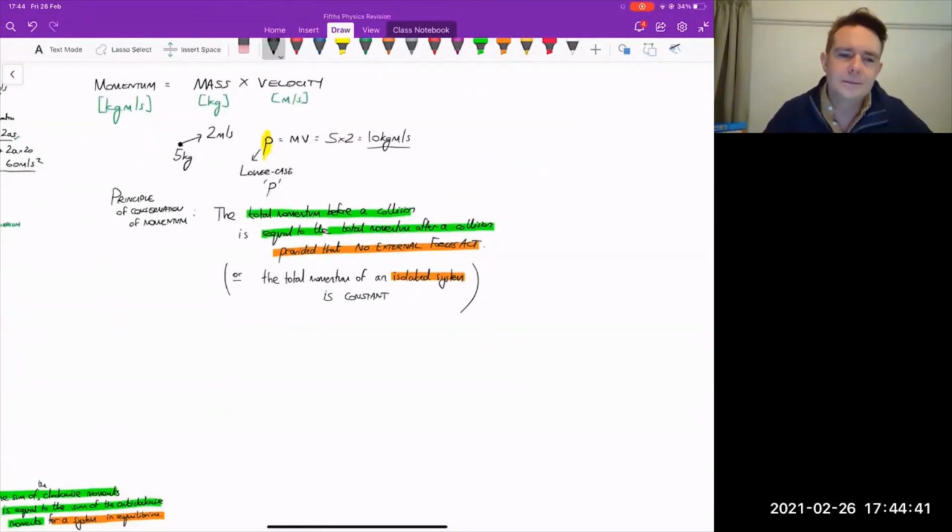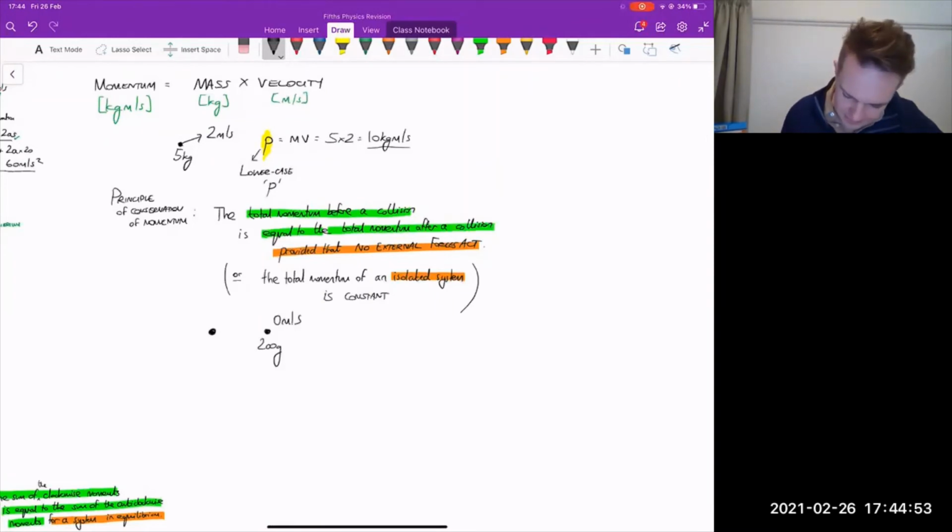So let's do an example. Let's just do two balls colliding. The first one's at rest, 200 grams. And then we've got a 300 gram ball moving at 10 meters per second. Let's say they stick together. So this is before.